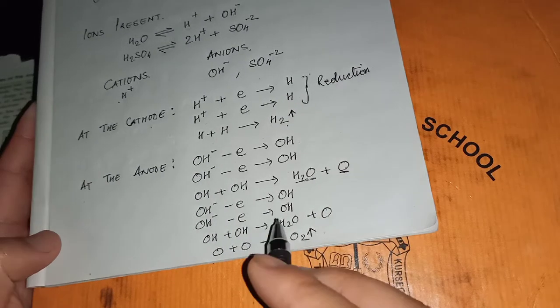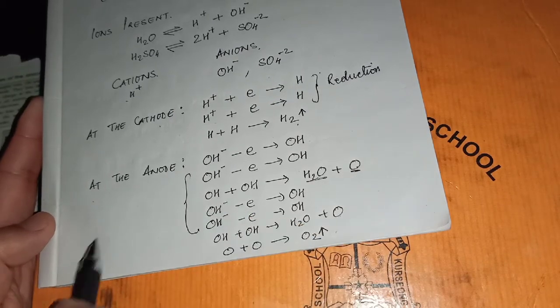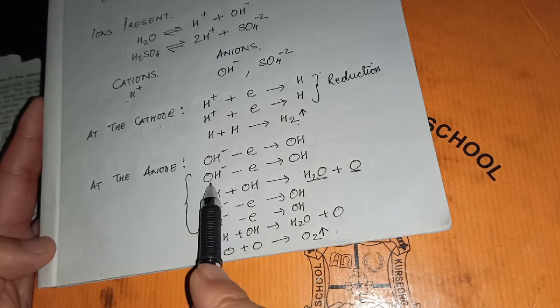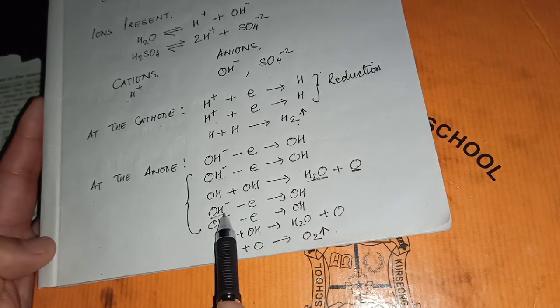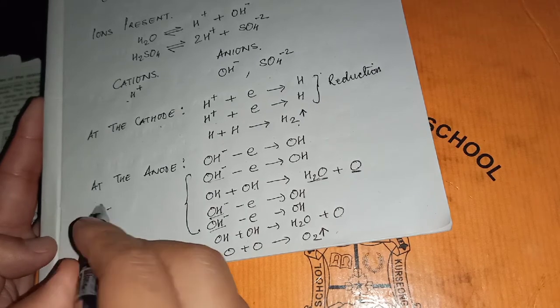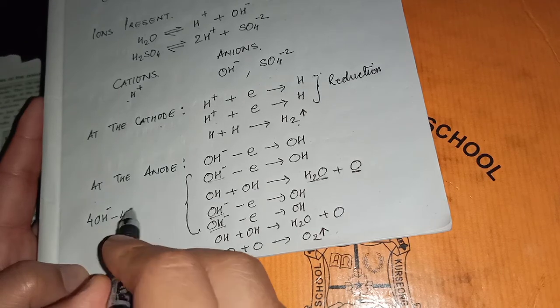Okay boys, so the overall reaction I'll write over here. How many OH minus ions have taken part? 1, 2, 3, 4. So 4 OH minus ions. One OH minus loses one electron, so 4 will lose 4 electrons.